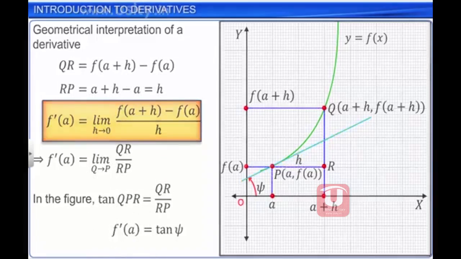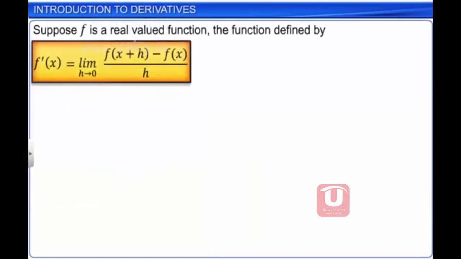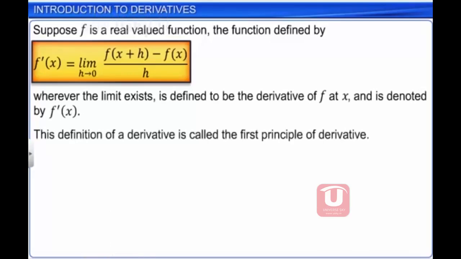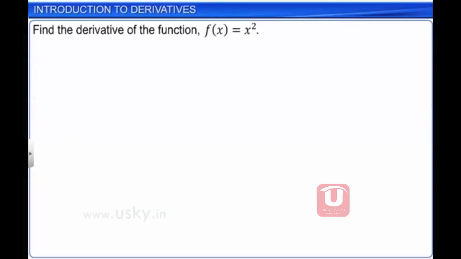Suppose f is a real-valued function. The function defined by f dash x, wherever the limit exists, is defined to be the derivative of f at x. This definition of a derivative is also called the first principle of derivative. Let's see an example here. Find the derivative of the function given.